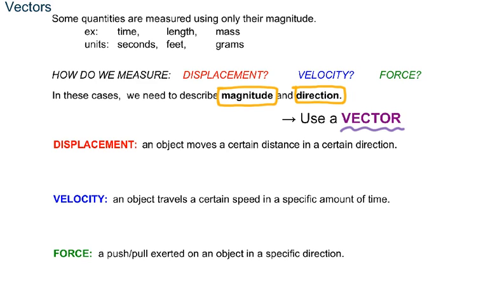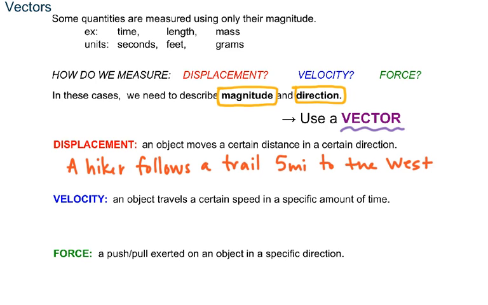So what are some examples of displacement and velocity and force? For example, with displacement, we could say an object moves a certain distance in a certain direction. For example, a hiker follows a trail 5 miles, that's a magnitude, to the west. That gives us a direction. Or velocity.